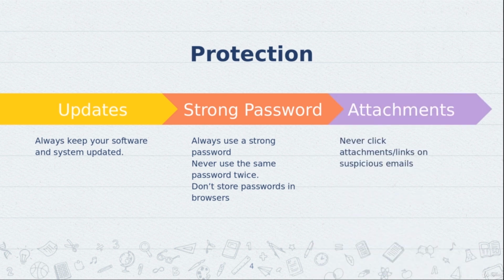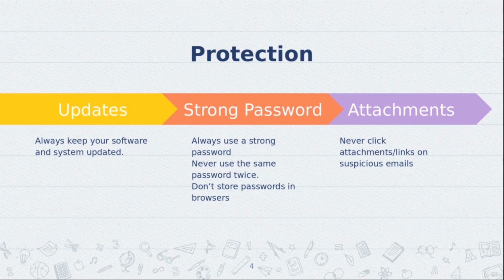Attachments: never click on any link that is coming from a suspicious source. Even if it's coming from a valid source, make sure that it does not have any suspicious activity behind it. For example, if Facebook says they have a security breach or something, and to click this link to reset your password, most of the time this is a phishing attack.